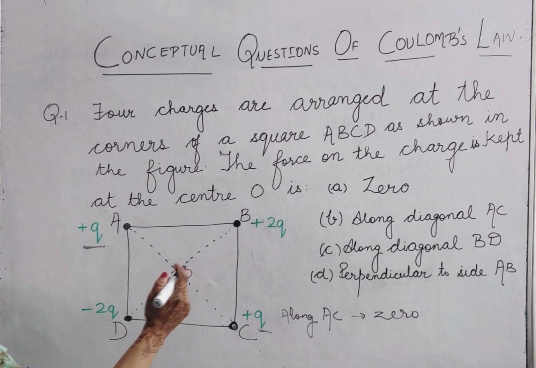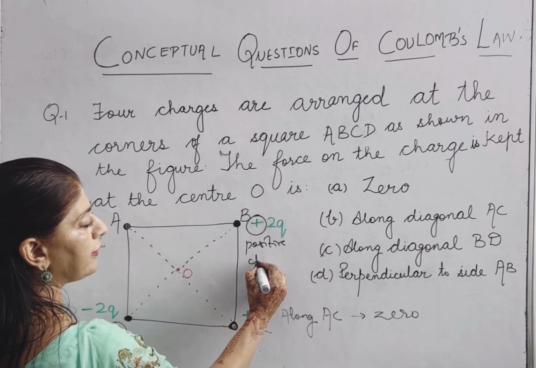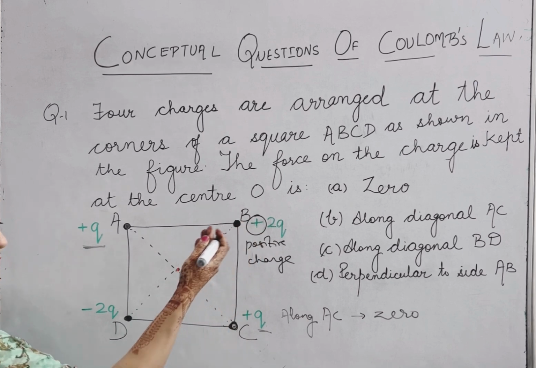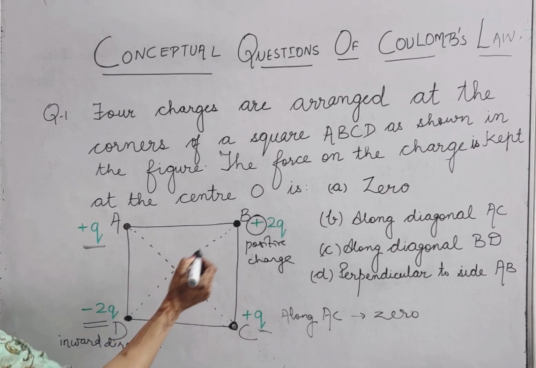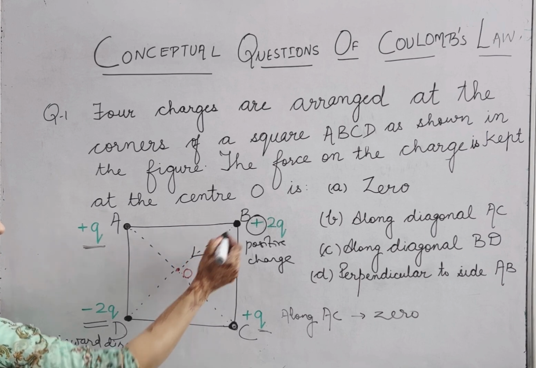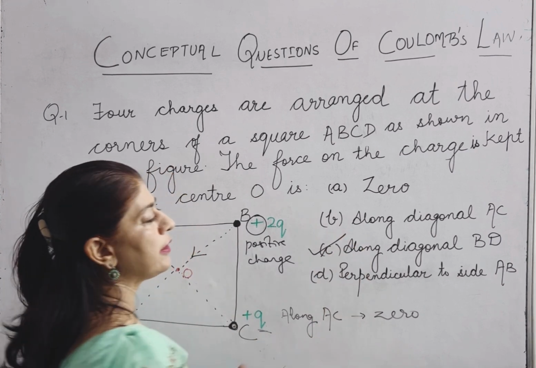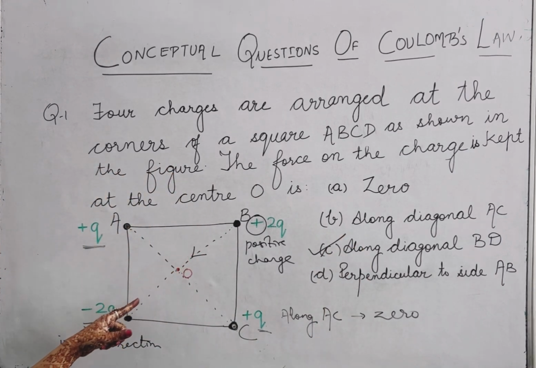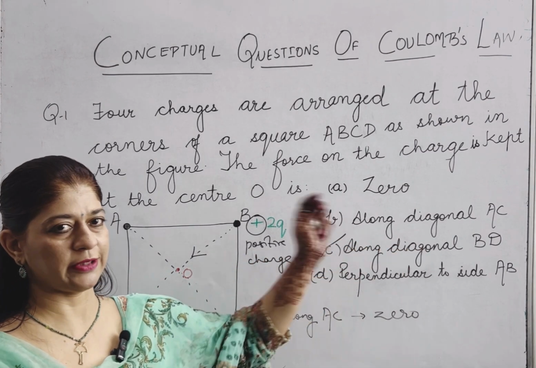Since it is a positive charge, a positive charge has got the tendency of outward direction, and minus 2Q has got the tendency of inward direction of force. Because of that, point O will experience the force along the diagonal B towards D. So C option is correct. The force experienced by point O will be along the diagonal BD.